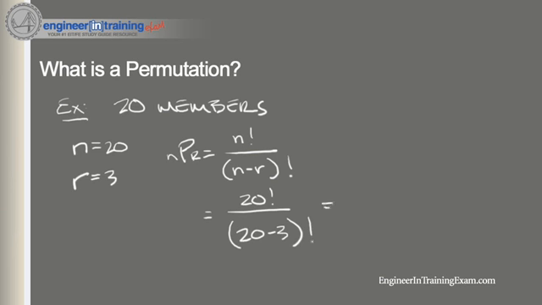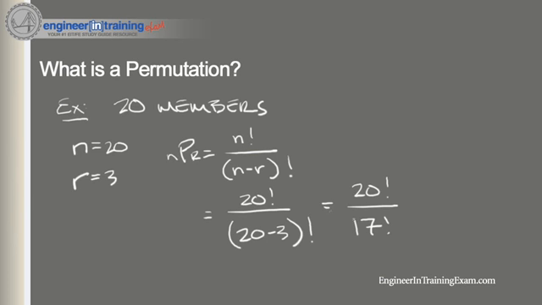So to simplify that, we get 20 factorial over 17 factorial. Now most of us are going to be using the factorial key on our calculators to determine what these equations are equaling out to be.